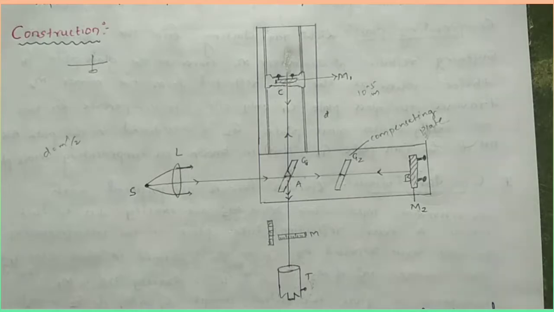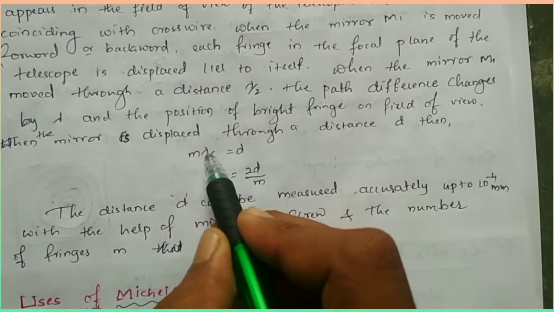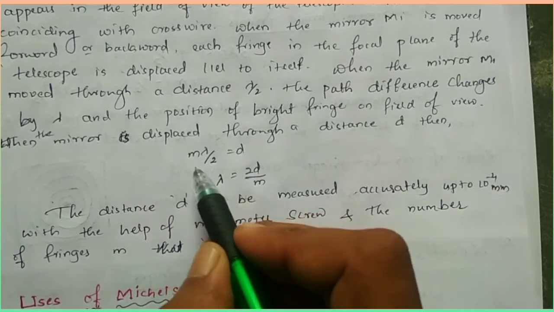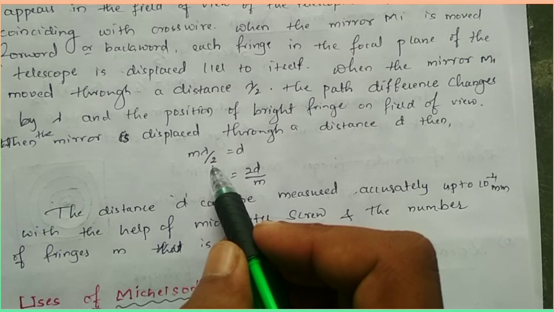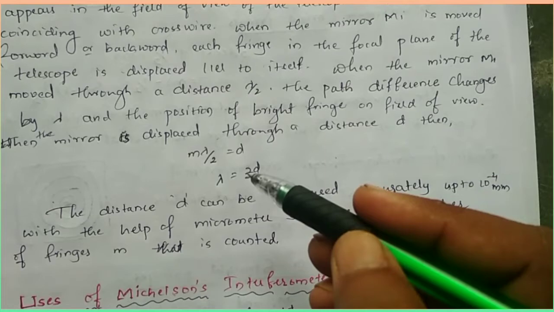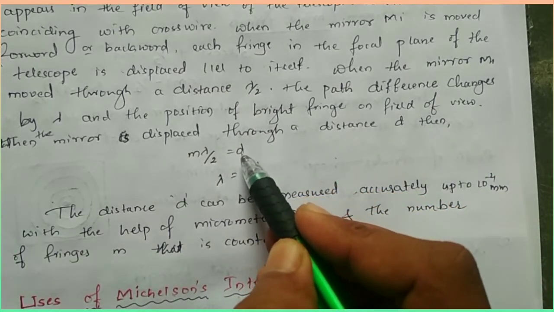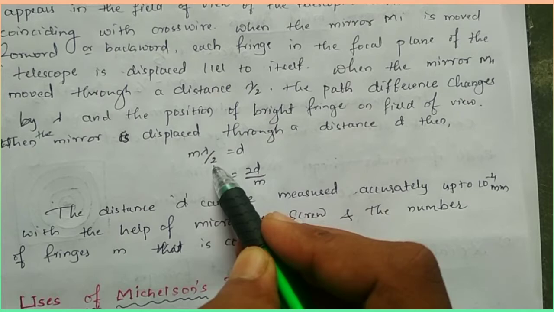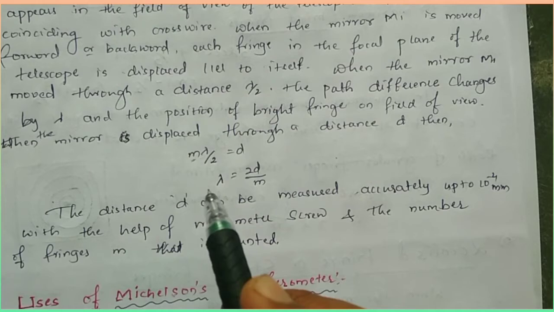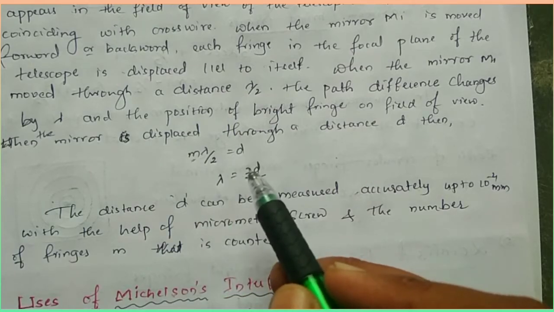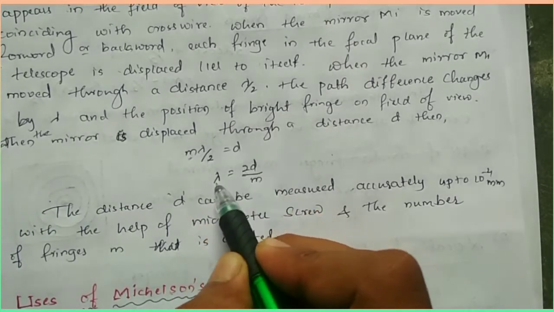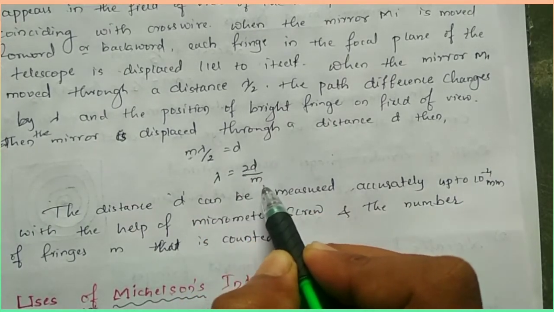So m into lambda by 2 equals D. When the bright fringes are formed, at that time the mirror is displaced through a distance D, and that displacement is D equal to m lambda by 2. Here m is the number of fringes counted, and taking the 2 to this side, lambda equals 2D divided by m.